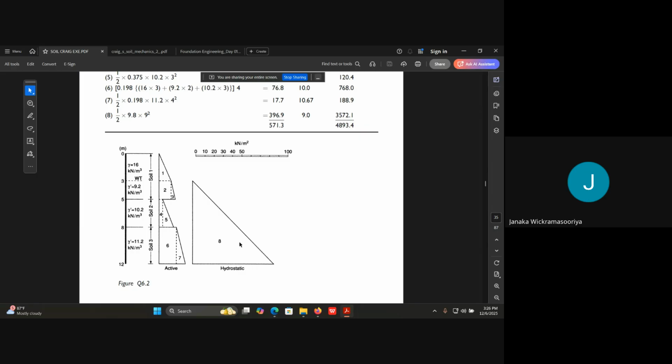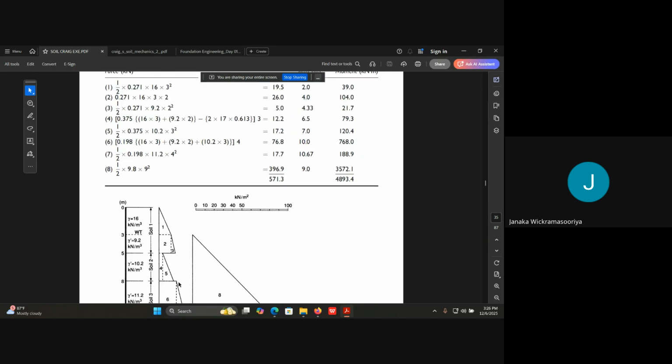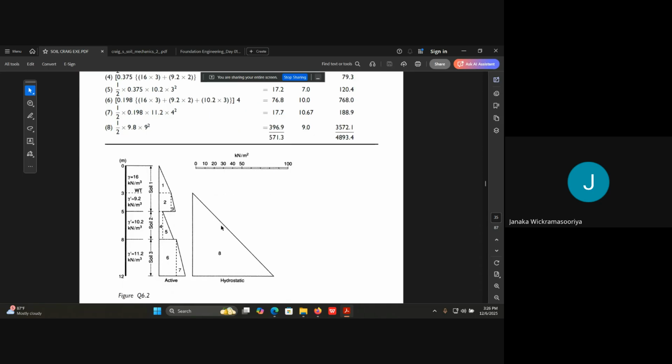This would be the hydrostatic pressure, and at this location, just above the point, it will have a higher value, and just below it will have a lower value. And at this point also, just above it has a lower value, but just below it has a higher value because of the change in this friction angle. So this would be the answer for the previous one, the graph.